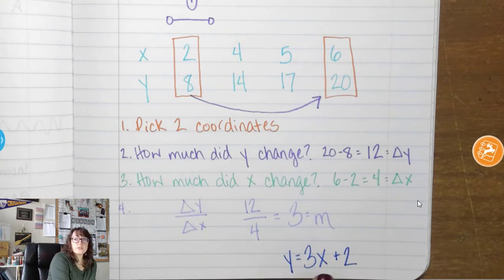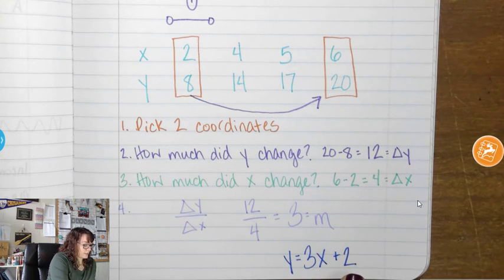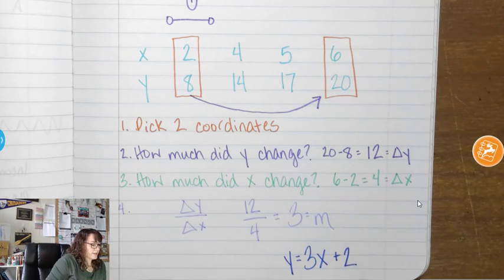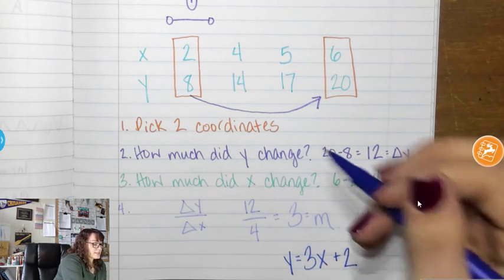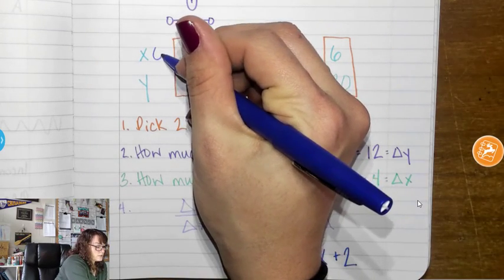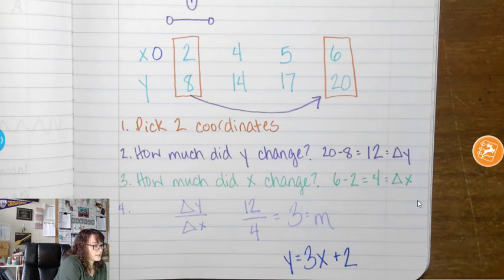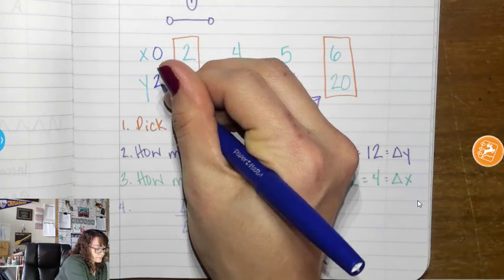Okay, so here's my equation. Your multiply piece, and then your y-intercept piece. Not so much worried about y-intercept just yet. But this means that when x is 0, how much is y? 2.